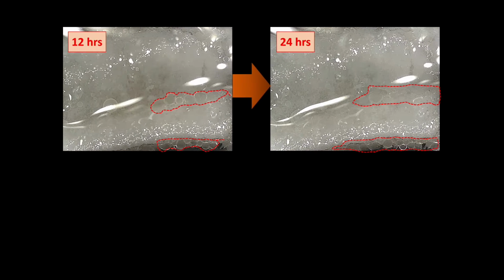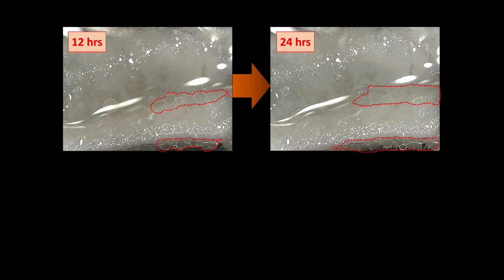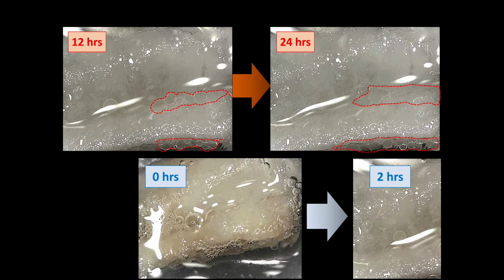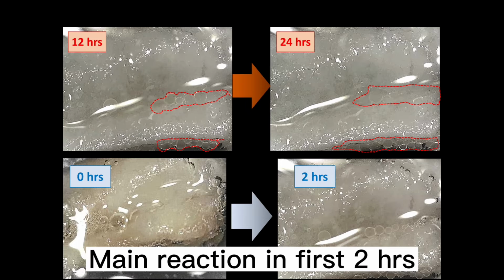After 24 hours, the total amount of oil bubbles was about 1.5 times that of 12 hours. But the size increase rate of these oils was only 1/5 of the first 2 hours, which means that the main reaction was still in the first 2 hours.